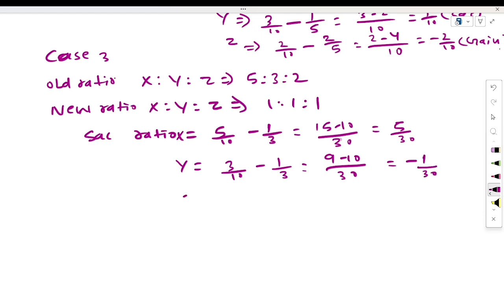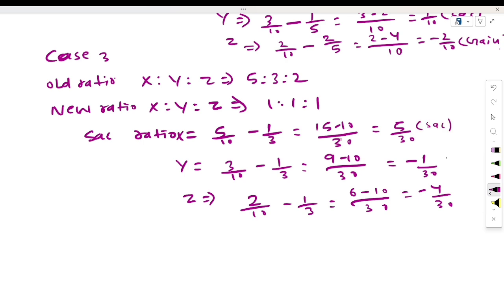And for Z, what would be here? 2/10 minus 1/3, 30: 6 minus 10, minus 4/30. Here X is sacrificing, Y and Z are gaining. These are the gaining partners here.